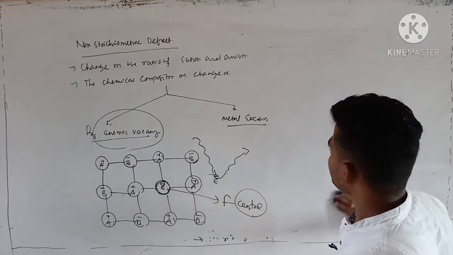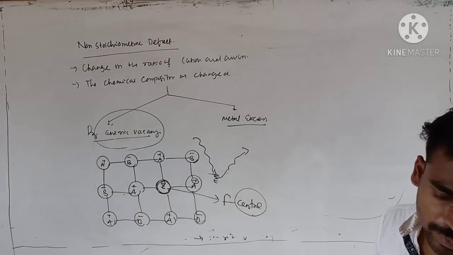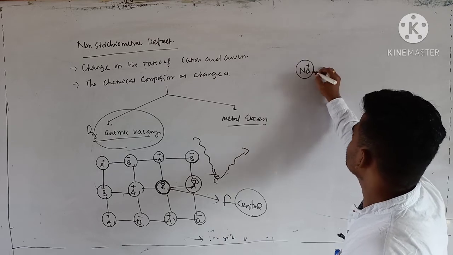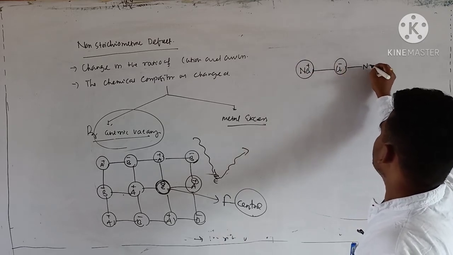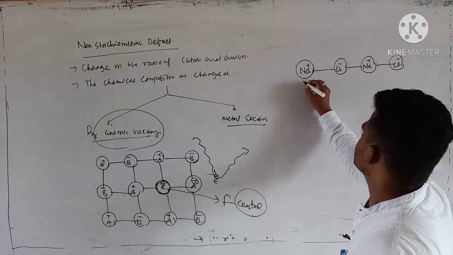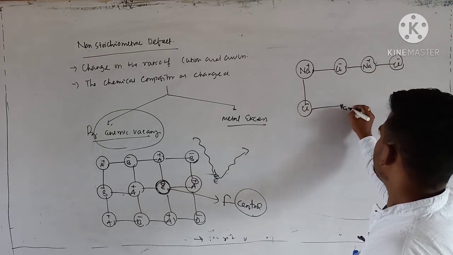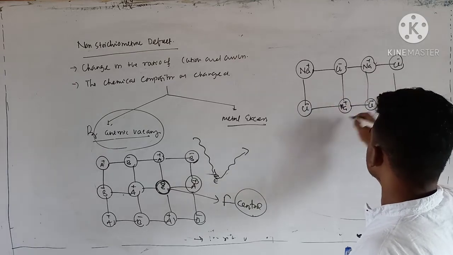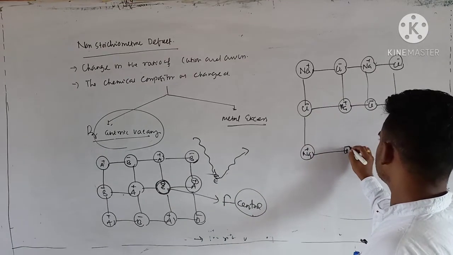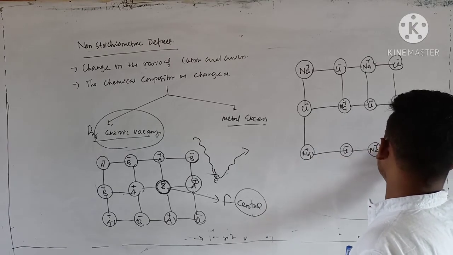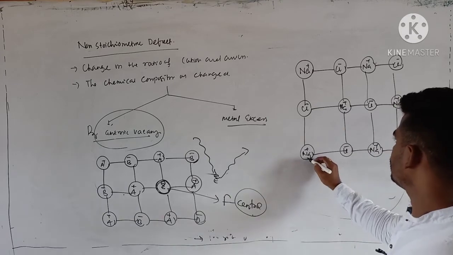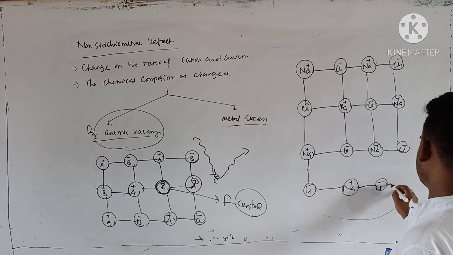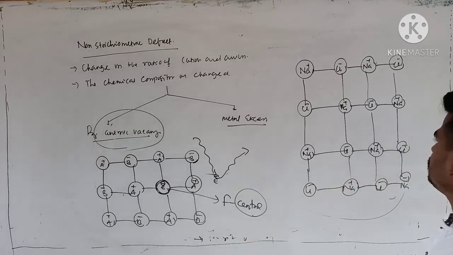Next, that is the metal excess defect. Metal excess defect means you place a metal atom externally in a regular arrangement of a crystalline solid.